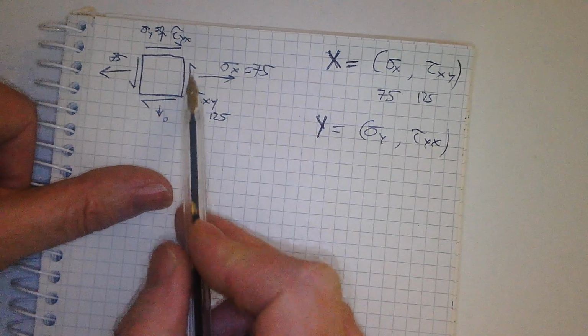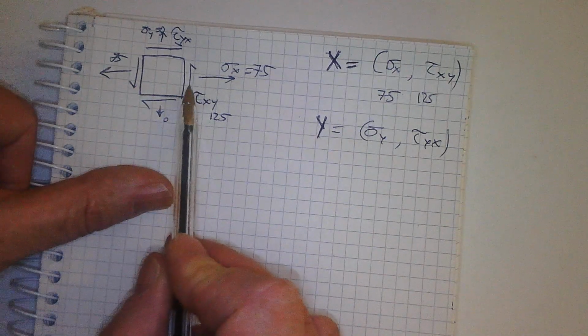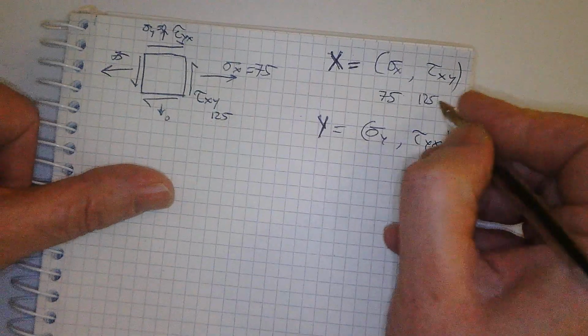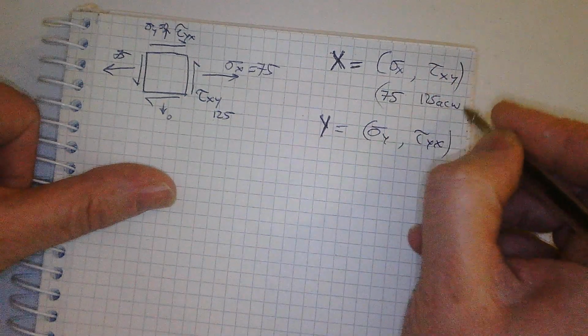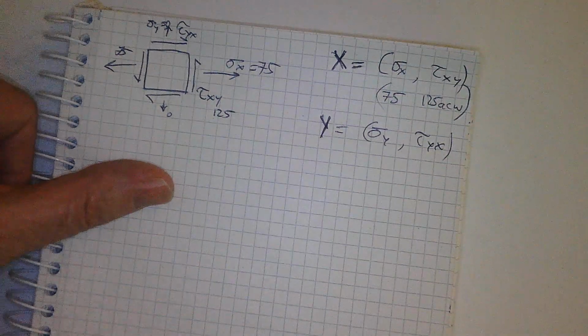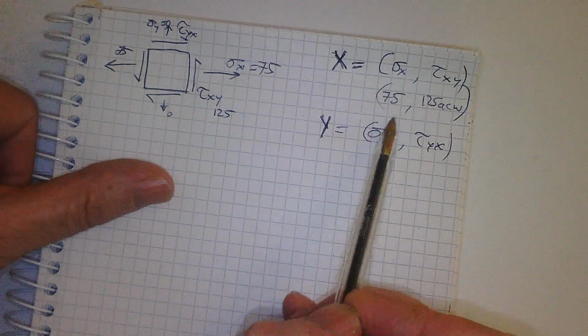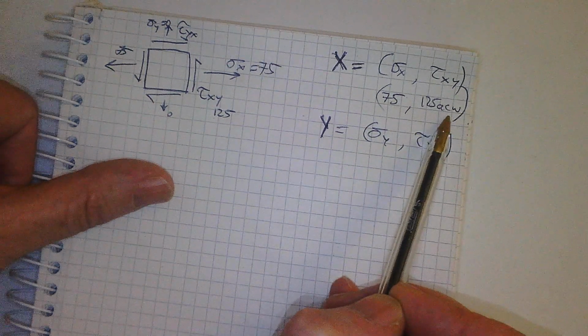Tau xy here is anti-clockwise. Okay, so this arrow and this arrow here would tend to rotate the element anti-clockwise. So I'm going to write that down. It's 125 anti-clockwise. Okay? So that's going to be the coordinates of one of the 2 points for generating Mohr circle, 75 and 125 anti-clockwise.